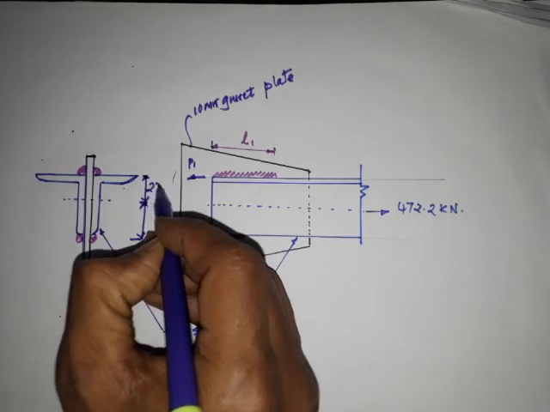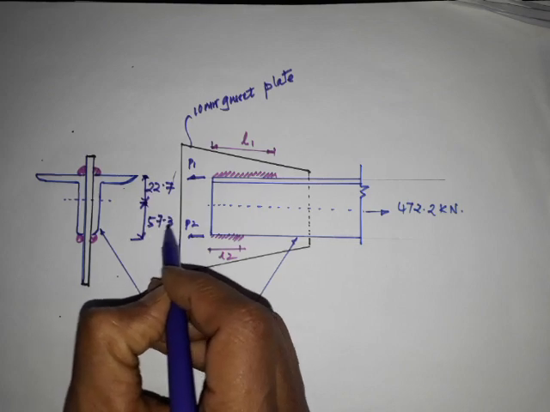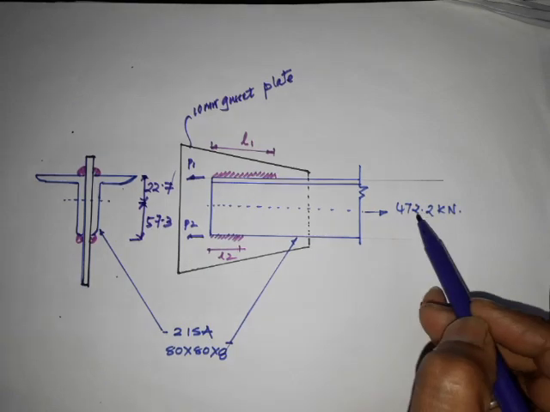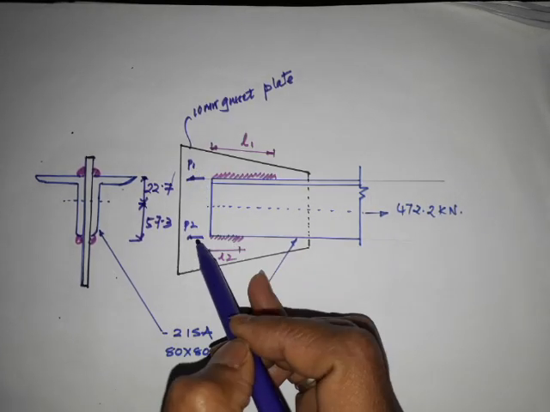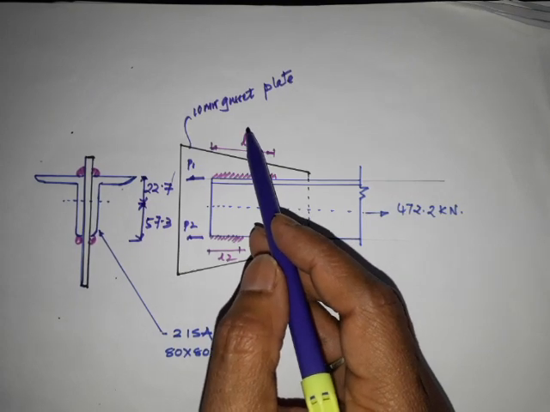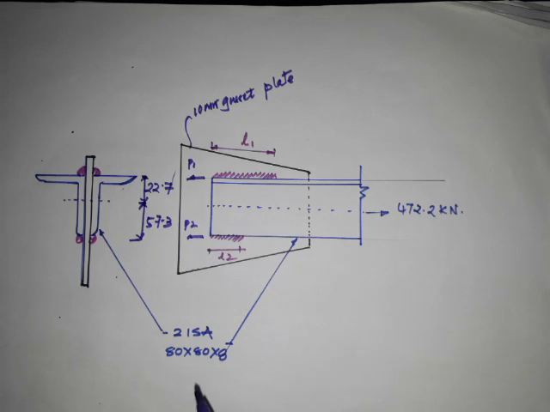So this we get as 22.7 and this one more is 57.3. By using these two and this force we have to find out P1 and P2. P1 is the force carried by LW1, or length of weld L1, and P2 is the force carried by length of weld L2. Understood?